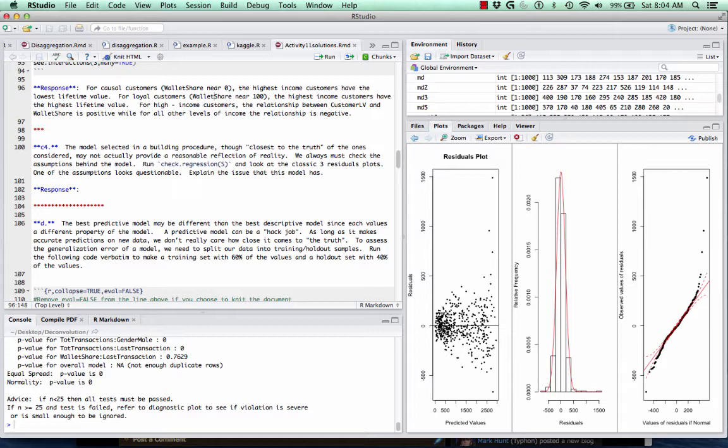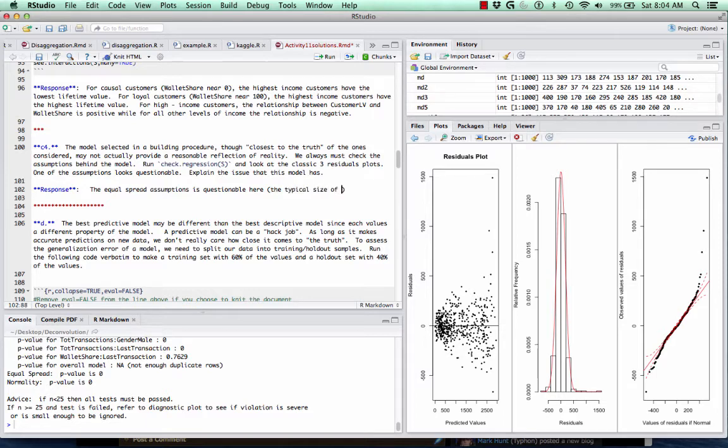The only thing that may be a little troublesome is the presence of these outliers. We may have some heteroscedasticity. It looks like at the very lowest predicted customer lifetime values, the typical size of the residual is maybe only about plus or minus 100, and it may be a little bit bigger once we start predicting values of about 500 or so, and maybe it gets a little bit bigger to the right of there. So the equal spread assumption is questionable here.